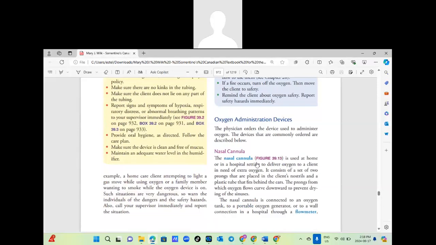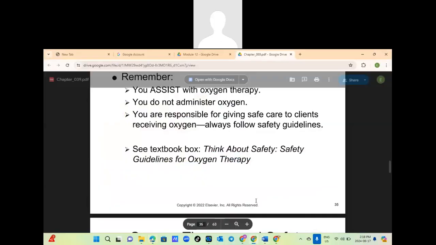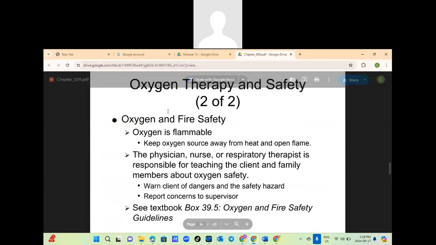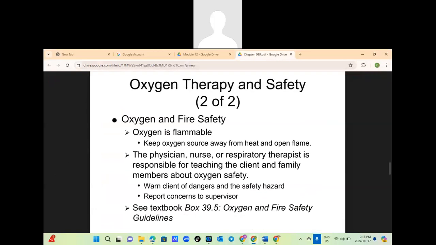So next, let's go to our slides. We did that one. We did this one too, but we'll go through it. So oxygen and fire safety. Oxygen is flammable. So oxygen is the number one ingredient in starting a fire.